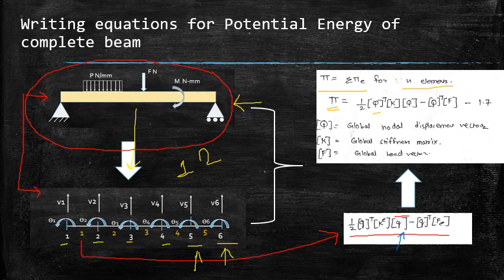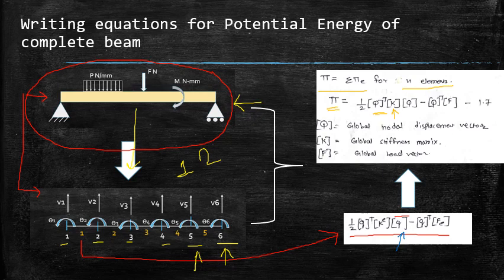Now here I am using capital Q. It indicates that I am now referring to global degrees of freedom, means this 1, 2, 3, 4, 5, 6, and k e has changed to K. This K is called as a global stiffness matrix. It can be assembled from different local stiffness matrices.